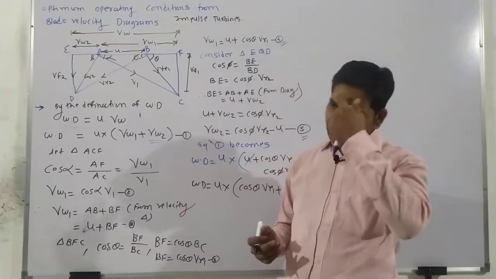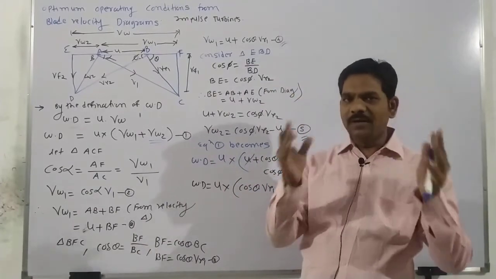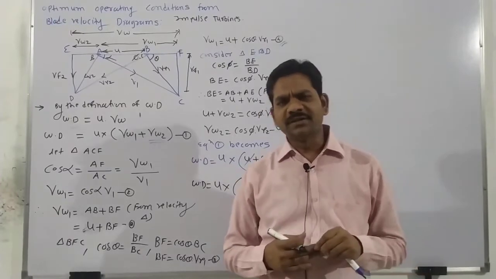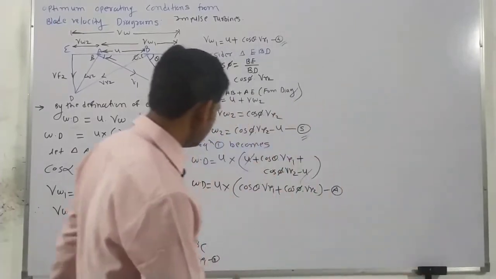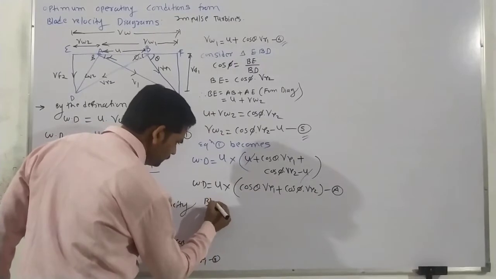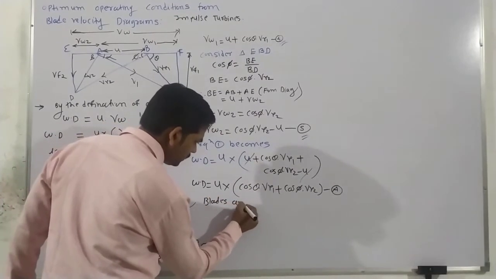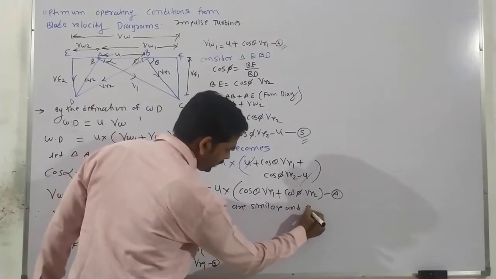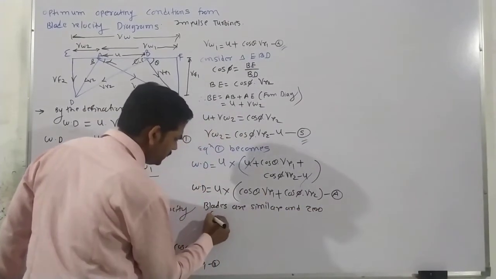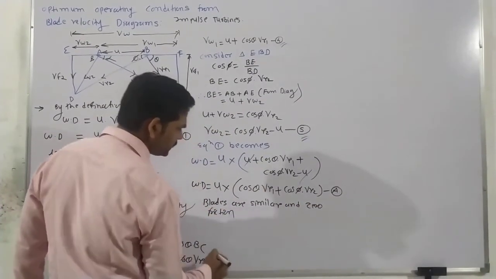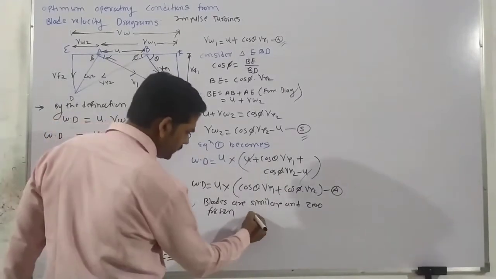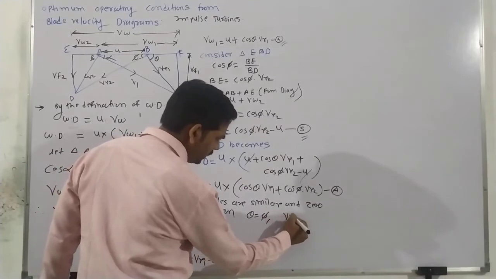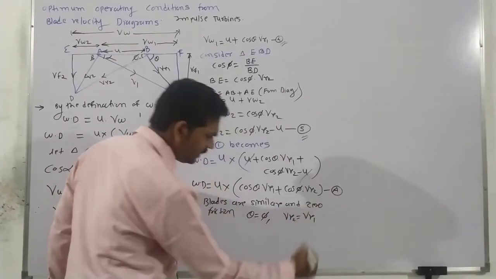But here boys, if you consider all the blades are symmetrical and there is zero friction, the blades are similar and there is zero friction, we assume this. If you assume these parameters, the blade angle theta is equal to phi and VR2 is equal to VR1.